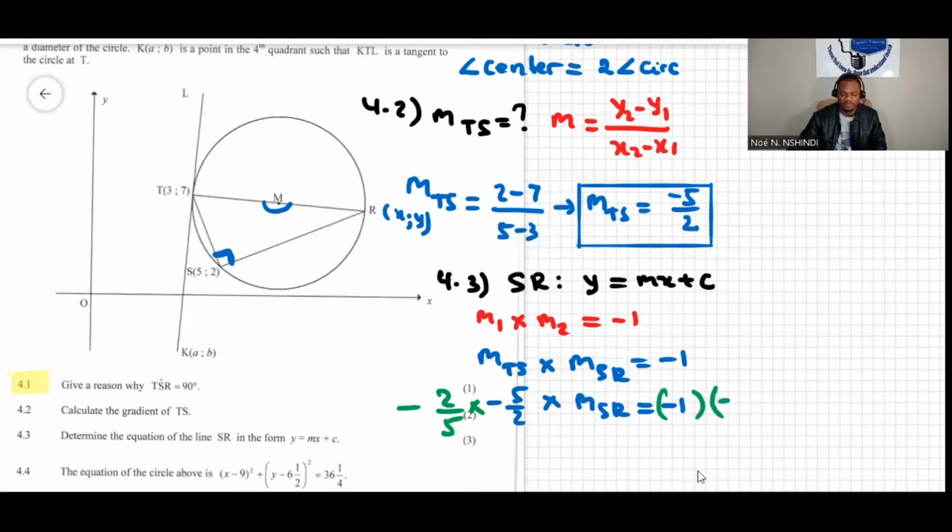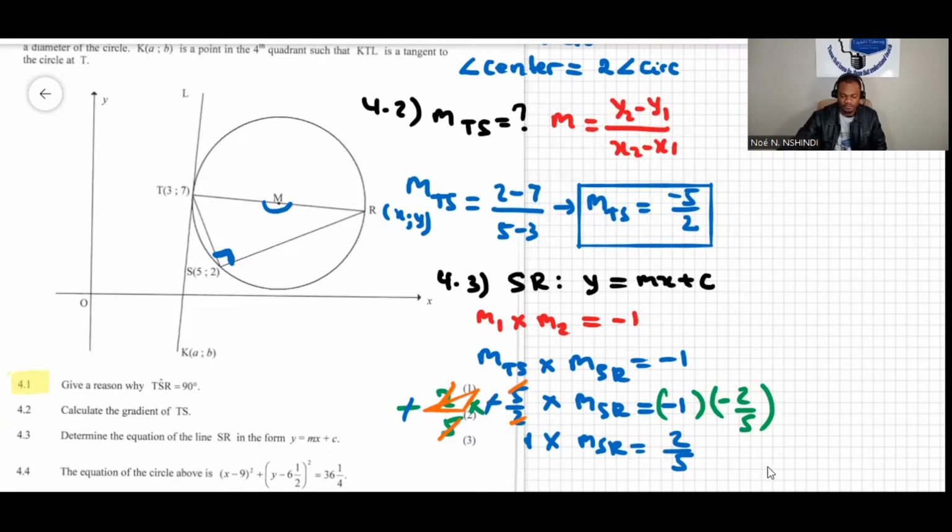The negative signs cancel out, and 5 and 5, 2 and 2 cancel. So we are left with 1 times m of SR, which will be equal to +2/5.